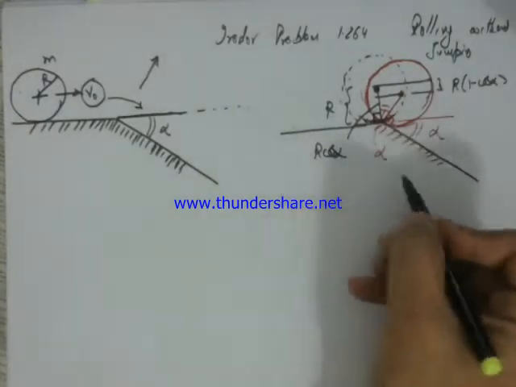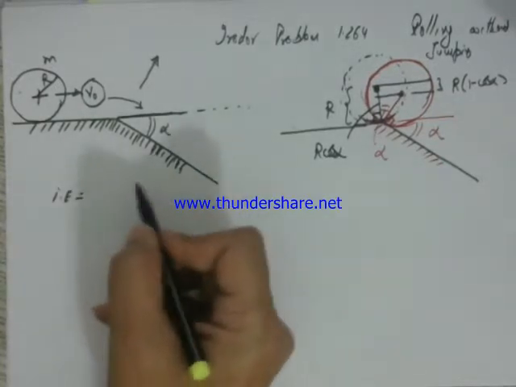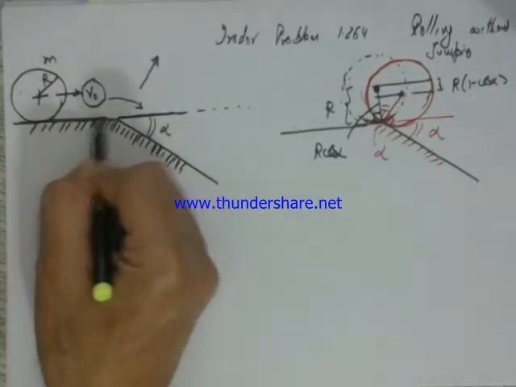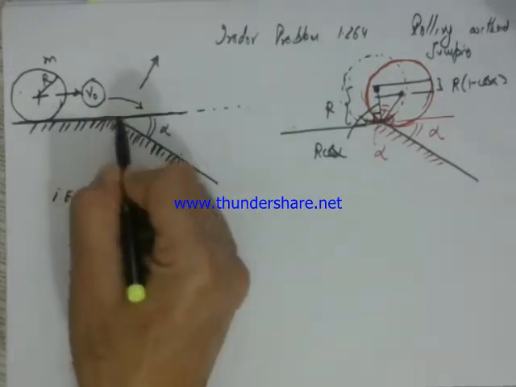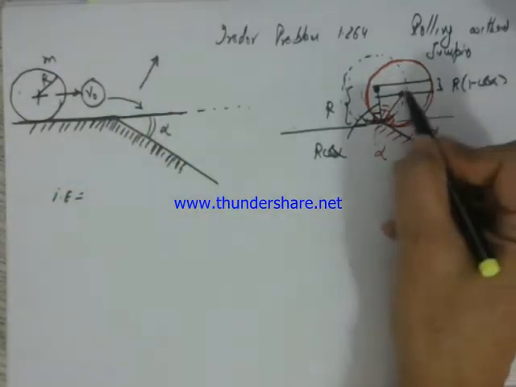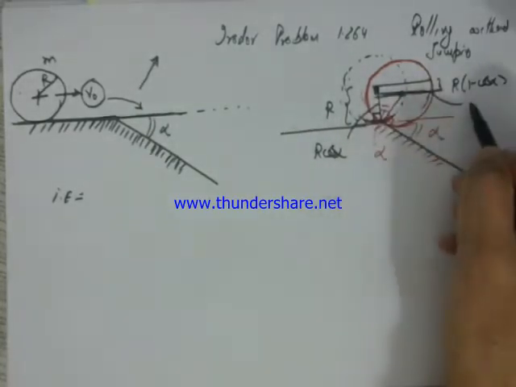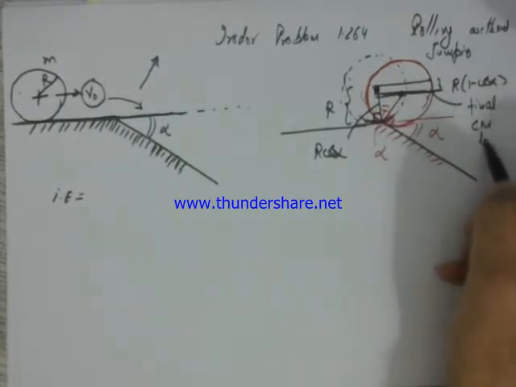What is the initial energy? Initial energy is the kinetic energy of the body, and let us take the final center of mass location as the reference.